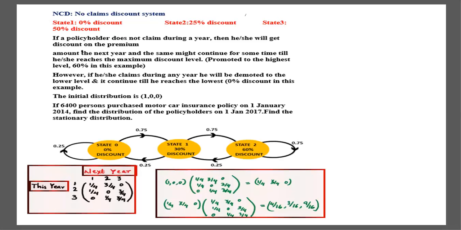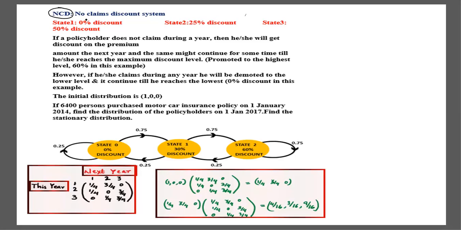This is a very, very important example. NCD, no claims discount. If you have a bike or you have a car, then you must be paying the premiums for your policy. That is mandatory in India.